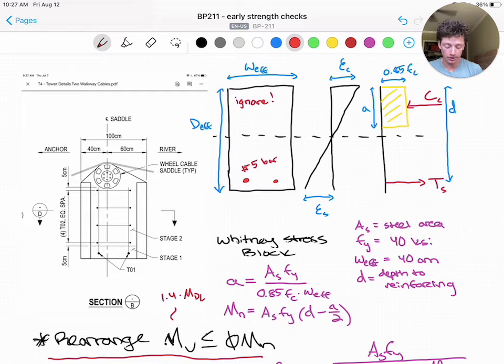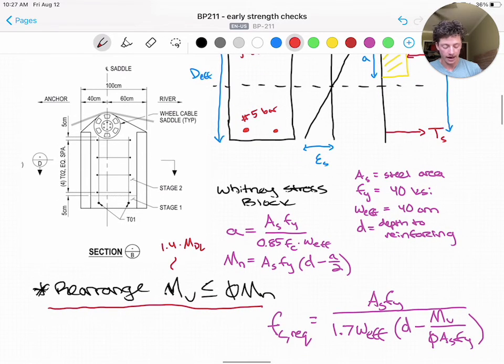Remember to keep our units straight, and we can back calculate for that F prime C required to calculate the amount of days that we have before we can hoist and we can deck.